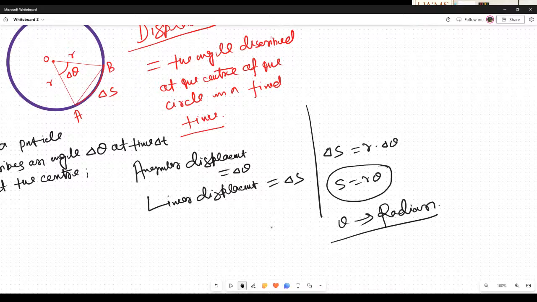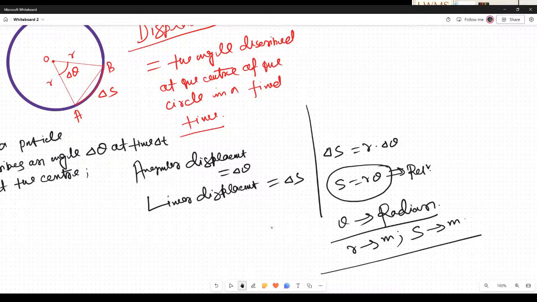Along the circumference of the circle, the displacement of the particle is s, which is given by r into theta. Theta should be in radian, then r will be in meter, and s also will be in meter. We can state this is the relation between angular displacement and linear displacement.